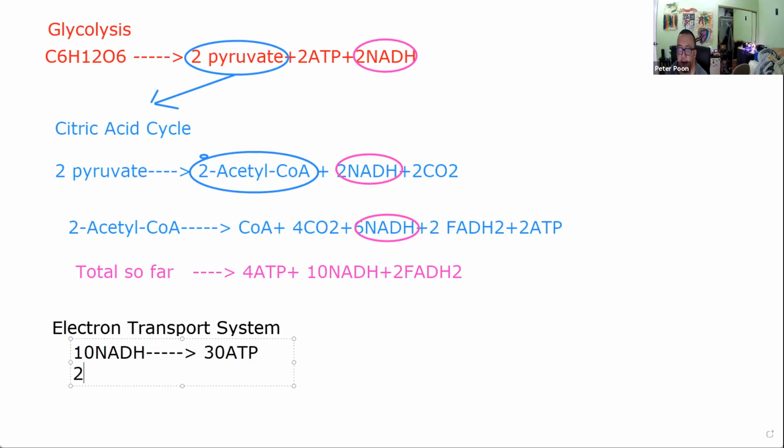The 2 FADH2s will eventually make 4 ATP. So if you add 4 to 30 to 4 here, you get 38.